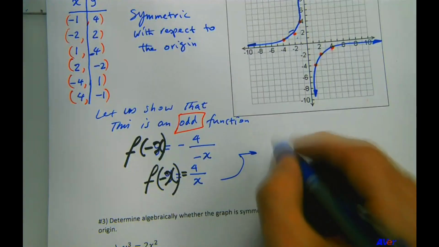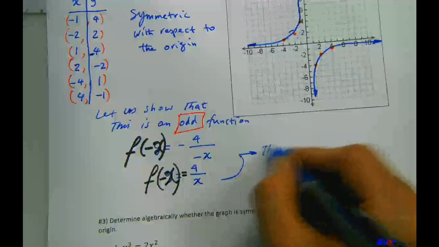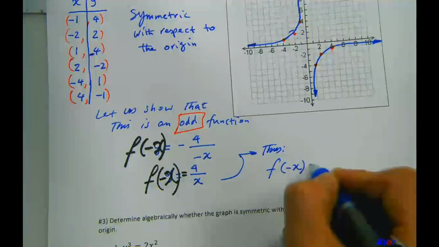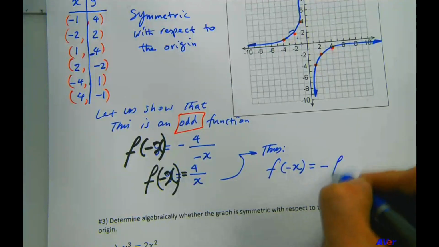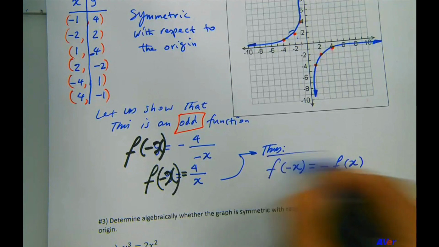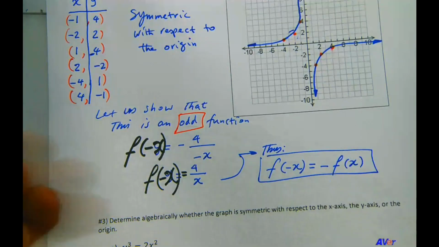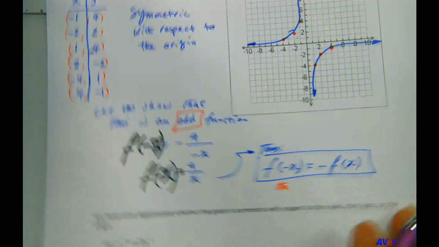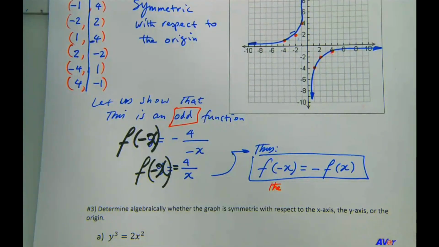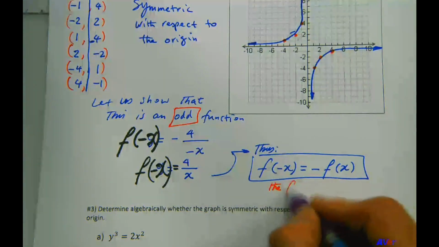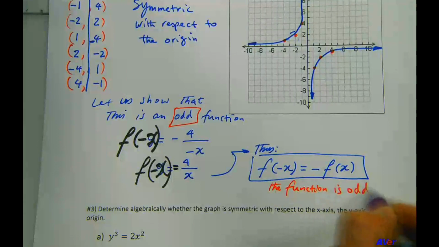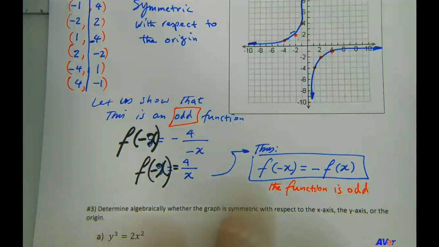So therefore, or thus, the function f at negative x is equal to minus f of x. So the function is odd.